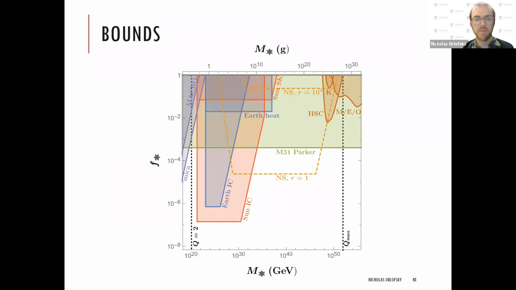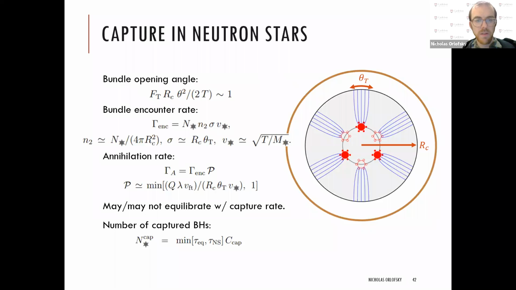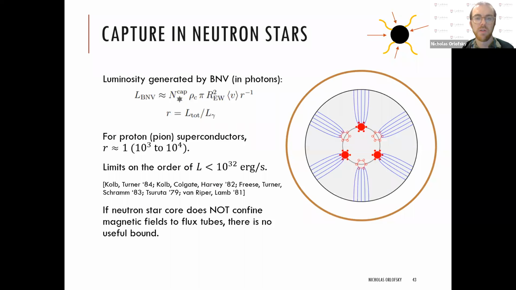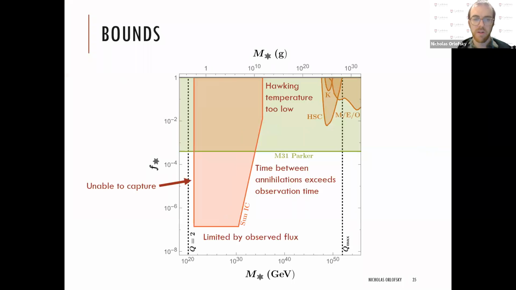Yeah, so that depends a little bit. For the annihilations, the quickest way to see where this becomes important is along this line for the sun bounds.